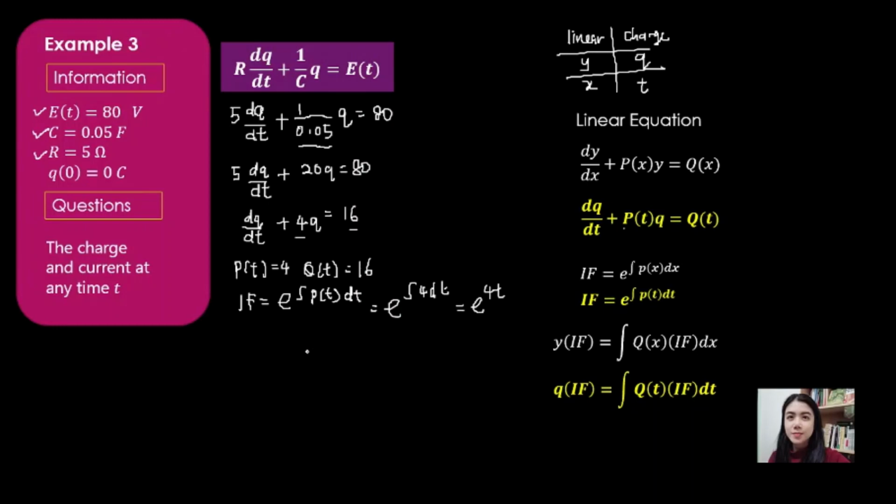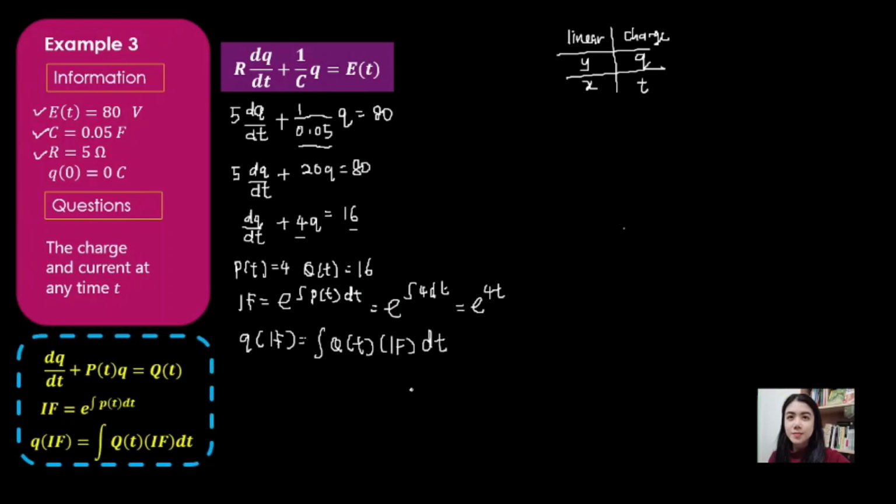So we have q times the IF equals the integral of q(t) times the IF dt. Now let's do the substitutions.